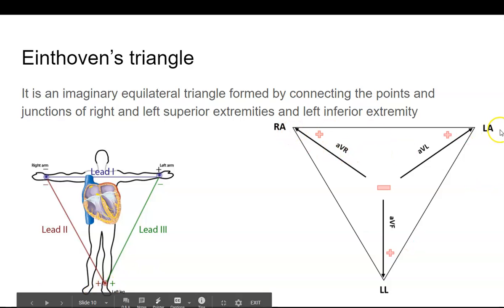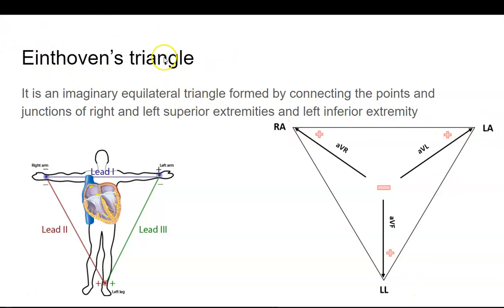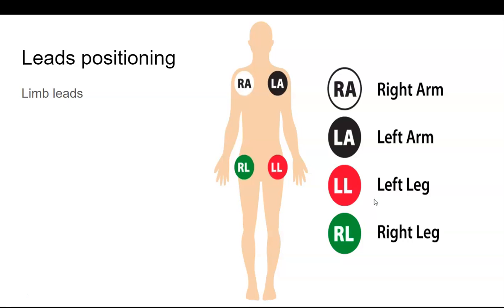The right arm, left arm and left leg make a triangle, which is called Einthoven's triangle. This is represented by lead 1, lead 2, lead 3, AVR, AVL and AVF. So we have 6 here and 6 chest leads.